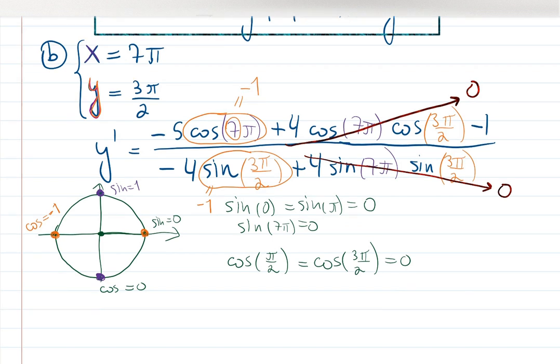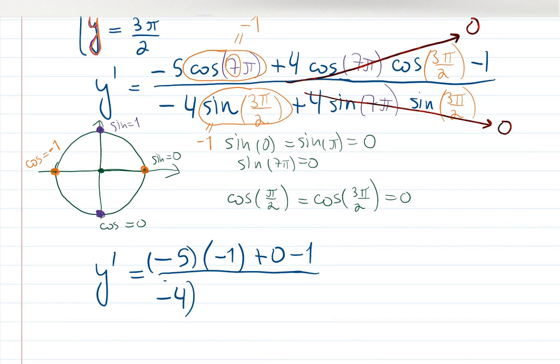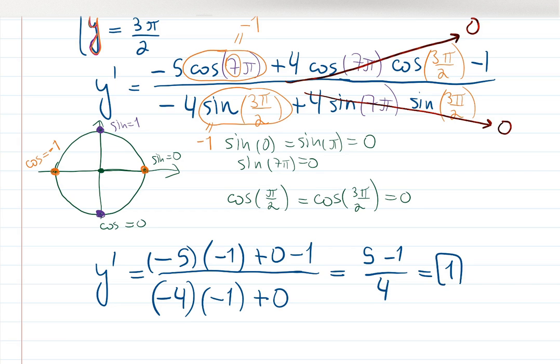Let's write down what we have, because it looks kind of messy. -5, that was in front. Cosine of 7 pi is -1, plus 0, minus 1. -4, that was in front. Sine of 3 pi over 2 gave me -1, plus 0, which becomes 5 minus 1, all over 4. 4 over 4 is 1.